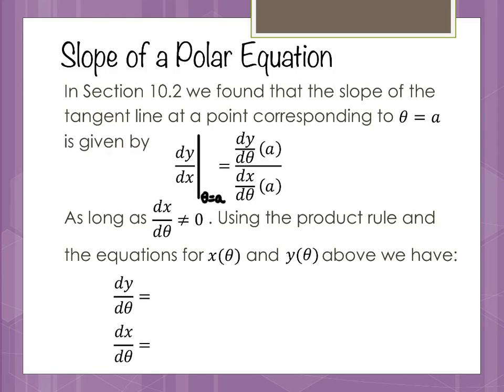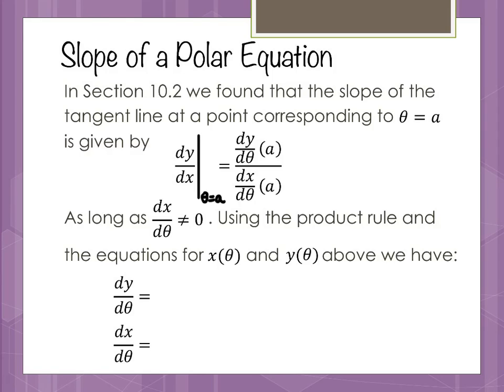I don't have a way to do that inside of equation editor in the computer, so that's actually supposed to be there. So dy dx at theta equal a is dy d theta at a divided by dx d theta at a, as long as dx d theta is not 0. So we did all of that back in section 10.2.